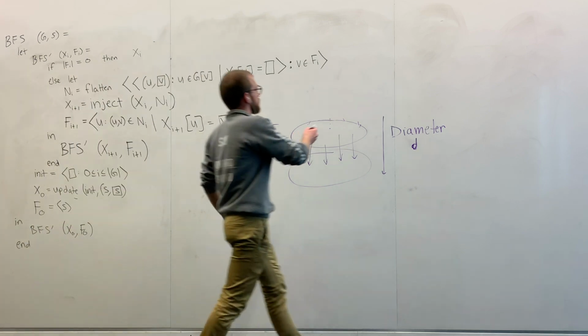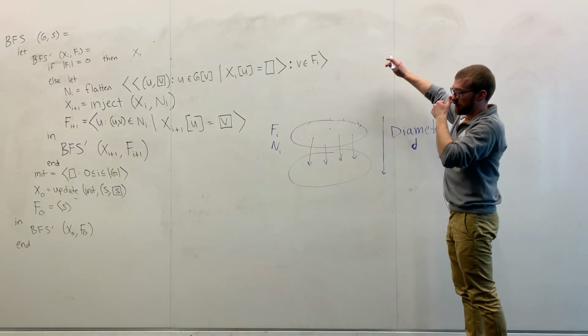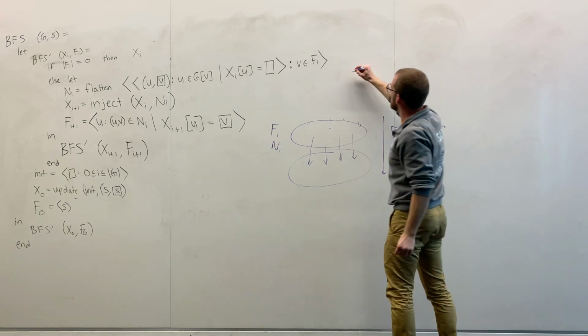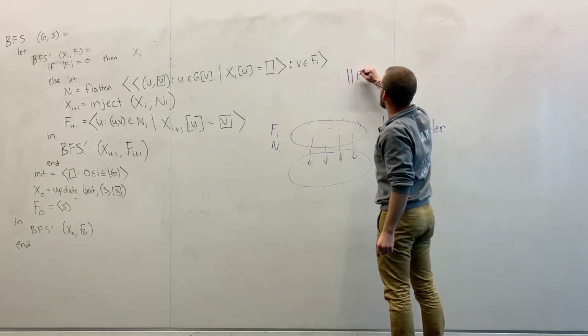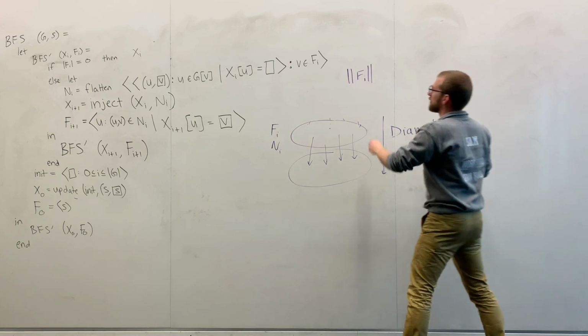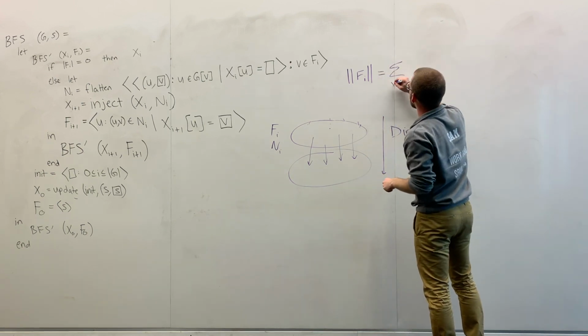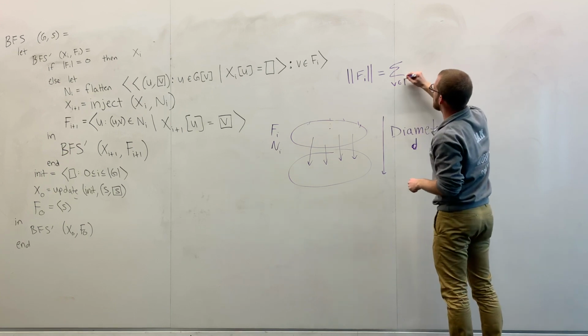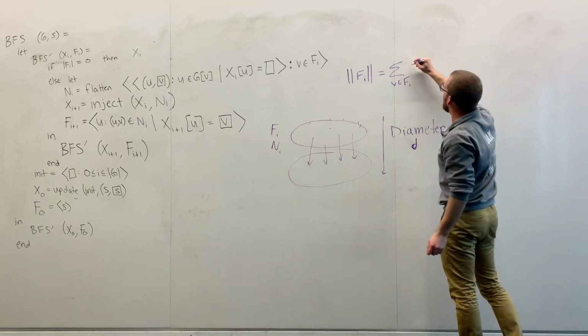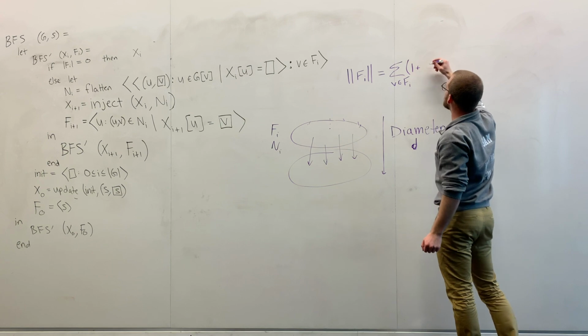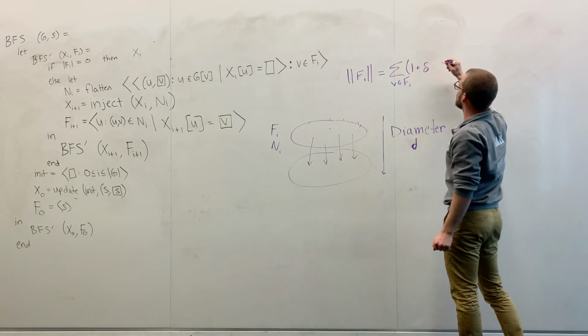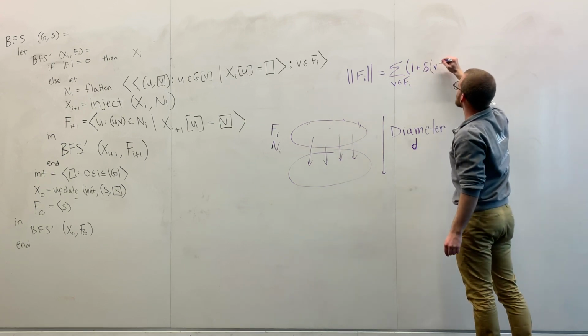Well, we're actually going to introduce a new notation, and we'll come back to this. But let's write double bar Fi is going to be the sum over vertices in that frontier of 1 plus the degree of the vertex.